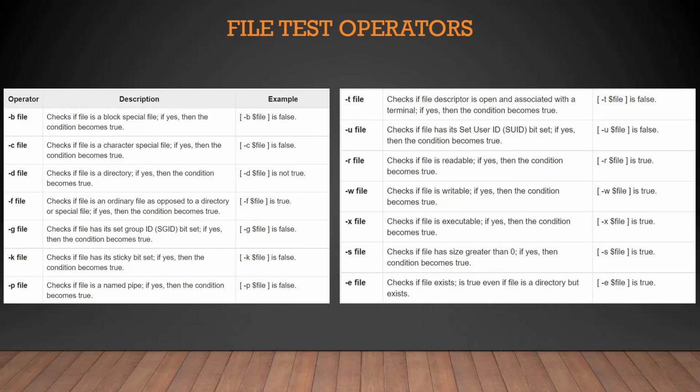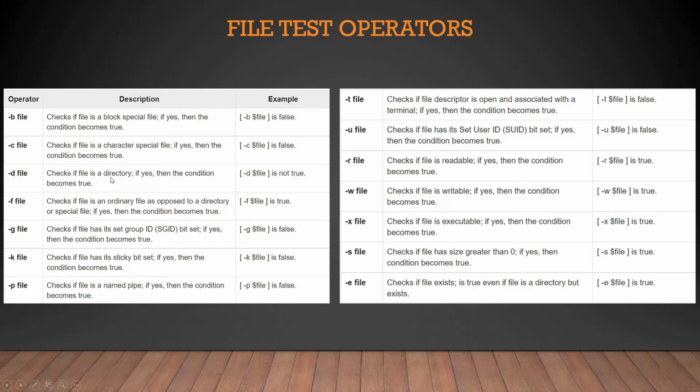Let's move to the file test operators. File test operators are multiple and we'll try to use as many as we can in the demo in the next video. So this is hyphen b, it checks if a file is a block special file, if yes then the condition becomes true. You can test it like this: hyphen b, dollar file. Hyphen c checks if a file is a character special file, if yes then the condition becomes true.